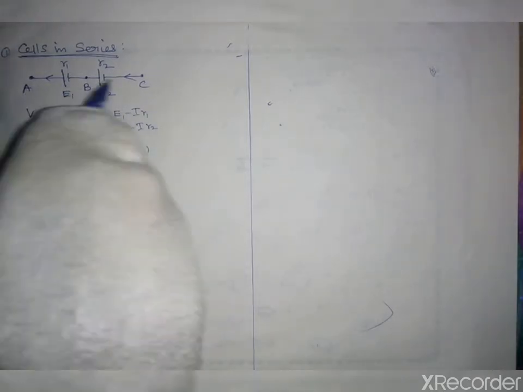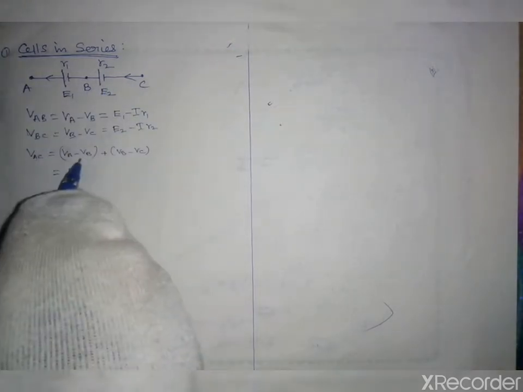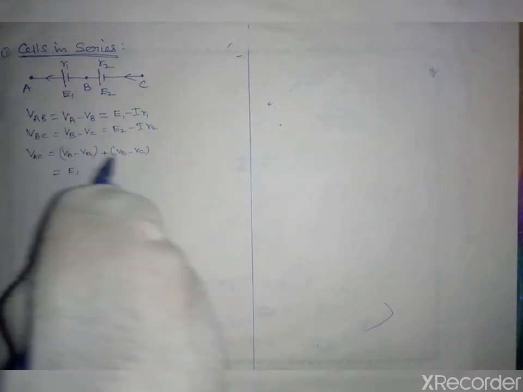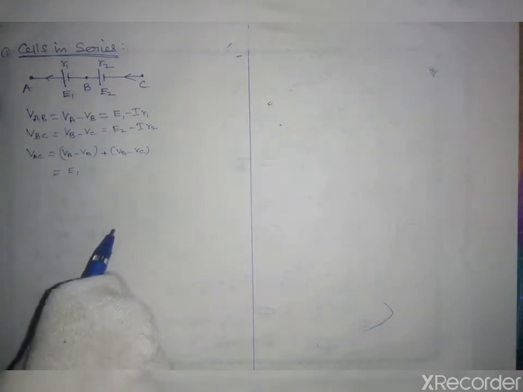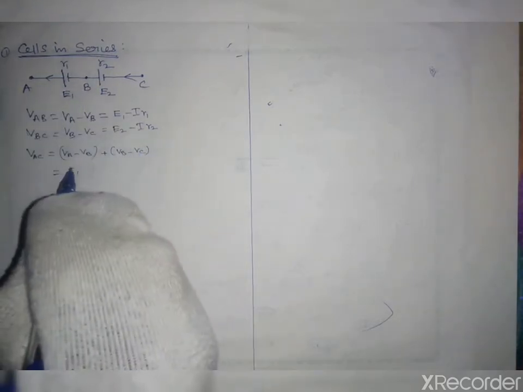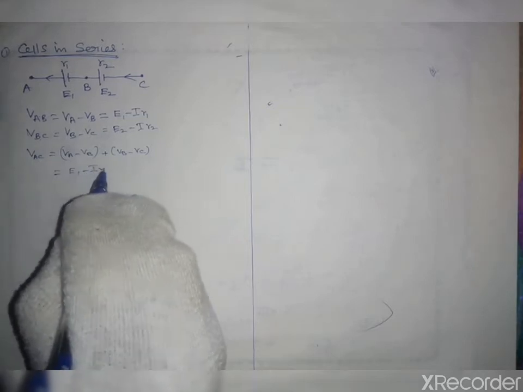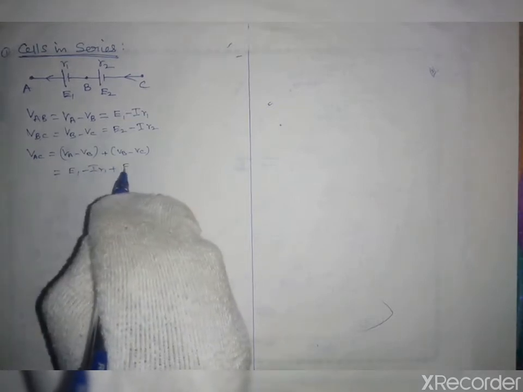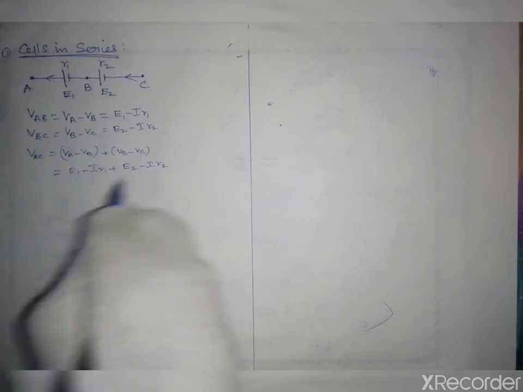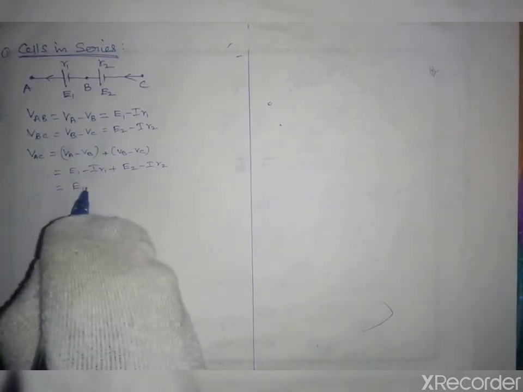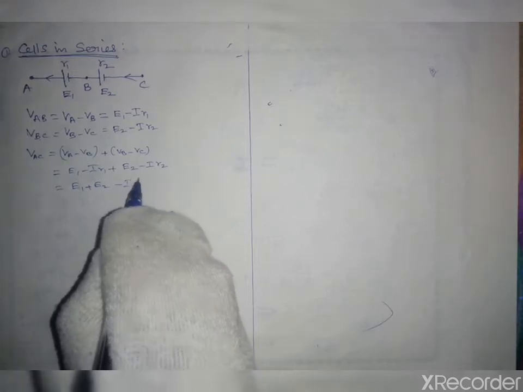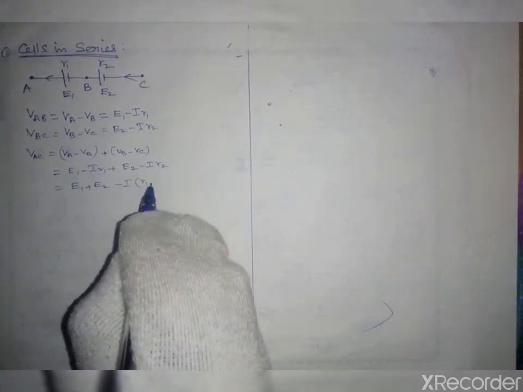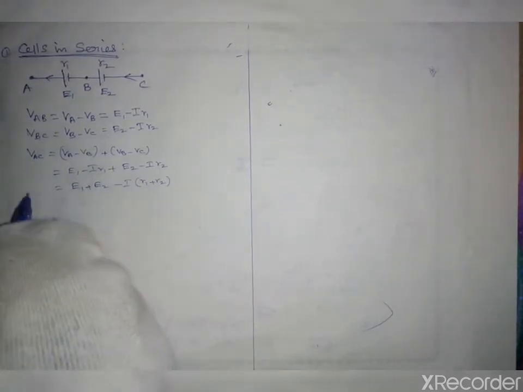So finally, the potential difference between the points A and C can be written as VAC equal to VAB plus VBC, the sum of the two individual potential differences. So we can write E1 minus Ir1 plus E2 minus Ir2. So we can write E1 plus E2, taking minus I outside, r1 plus r2.